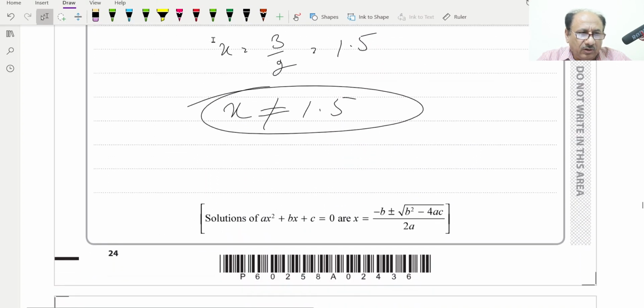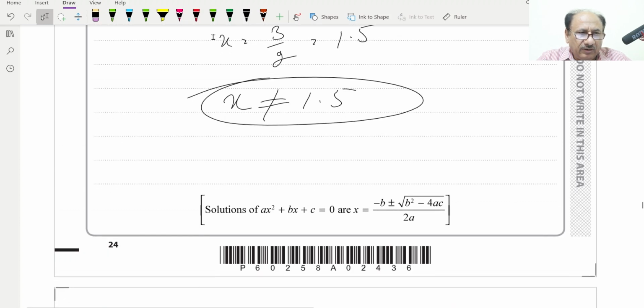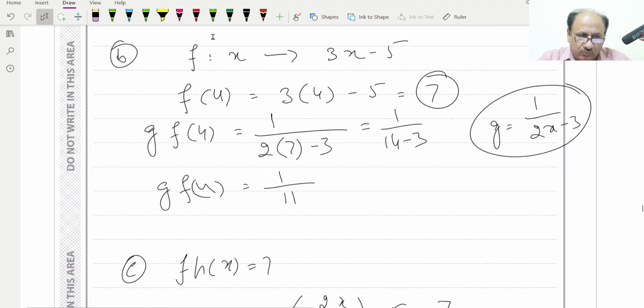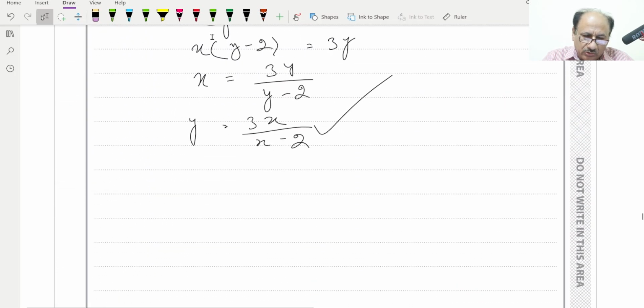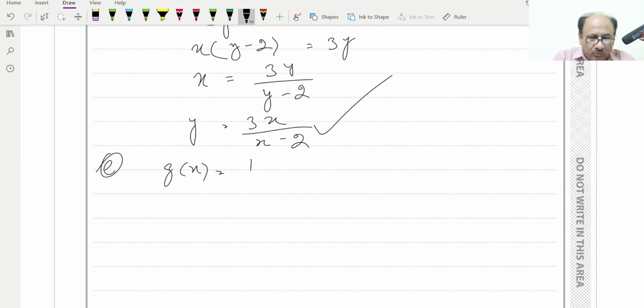So first of all we will write g of x and h of x, which are given. So for E part, g of x is provided, which is equal to 1 over 2x minus 3, and h of x is also provided, which is 2x over x minus 3.